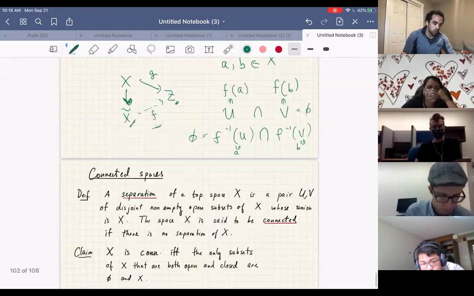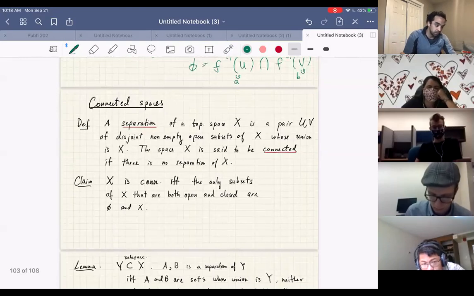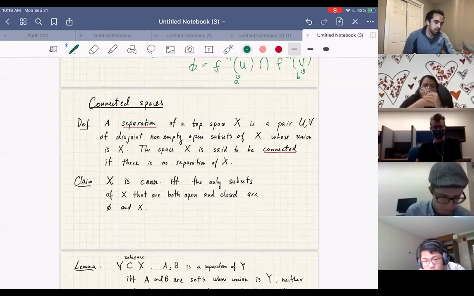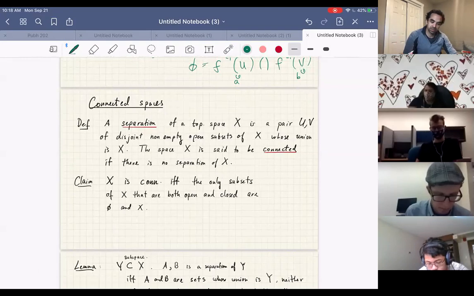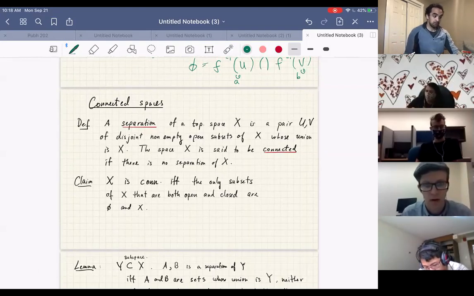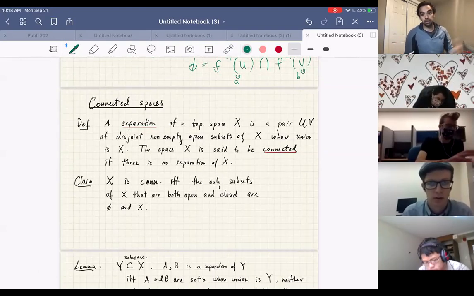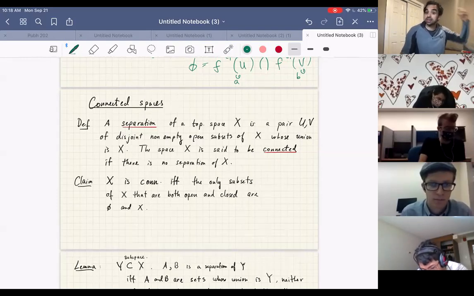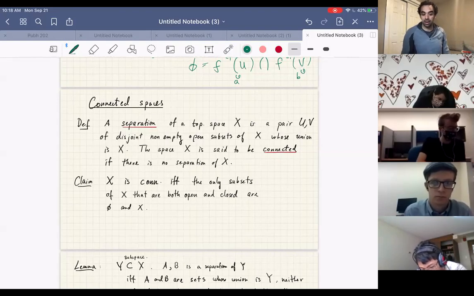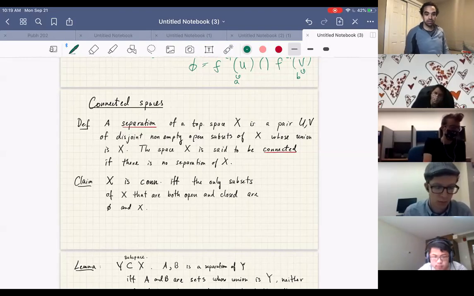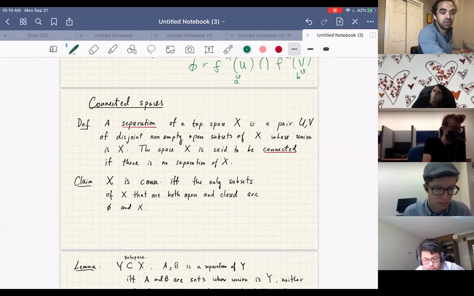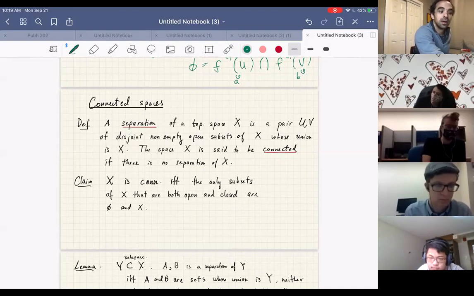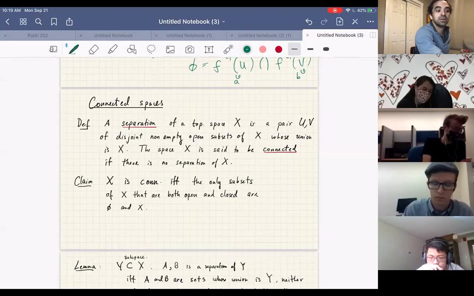Let me quickly say where we are moving to in the next 3 minutes. We're going to discuss connected spaces and compact spaces in the next chapter. You've probably seen these conditions being used in some calculus statements, right? Like the intermediate value theorem, for example, uses the fact that intervals are connected.